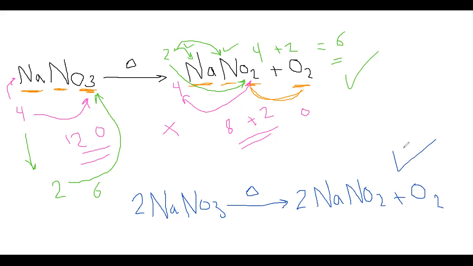So this is the final balanced equation: 2Na, 2N, 2 times 3 is 6 oxygen, and 2 times 2 equal 4 plus 2 is 6 oxygen.